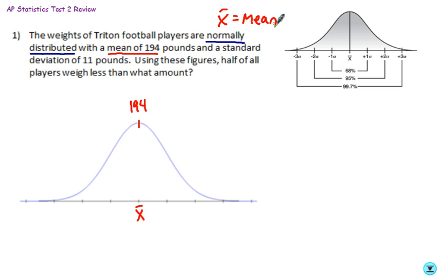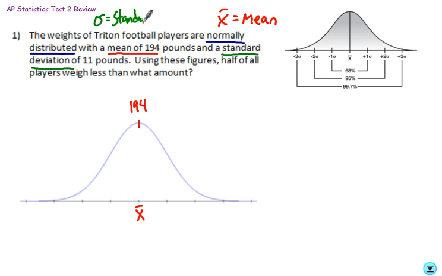And then it says that we have a standard deviation of 11. So what do they mean by standard deviation of 11? Just a notation on that: you'll see over here this kind of O with the tail sticking out? That refers to standard deviation. This little sigma, the Greek letter, is standard deviation.